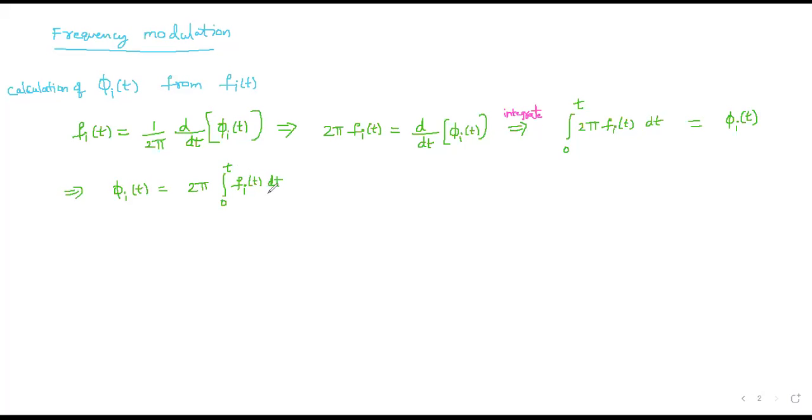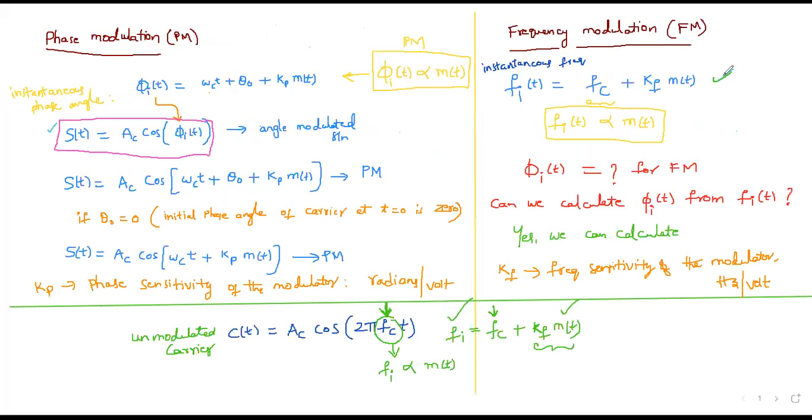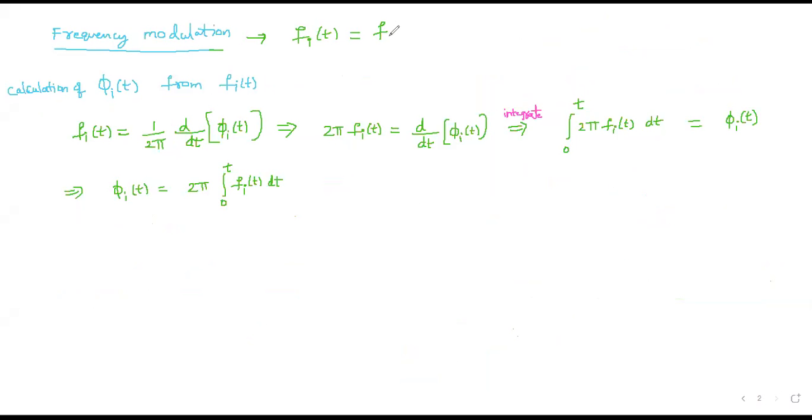Now, what is this fi of t? For a frequency modulation signal, we have already defined fi of t, right? It is fc plus kf into m of t. So I am going to substitute fc plus kf m of t here.